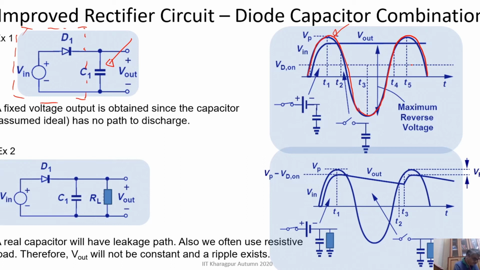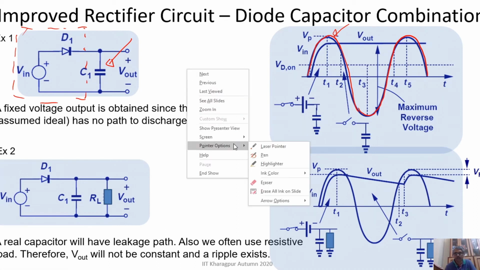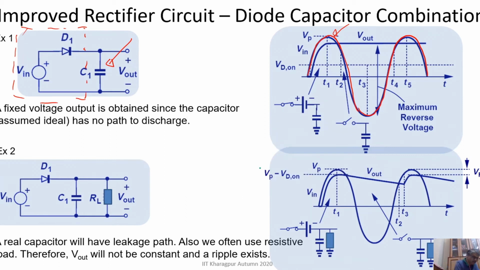Now I have added a capacitor at the output. So if I add a capacitor at the output, what will happen? This is the output waveform.